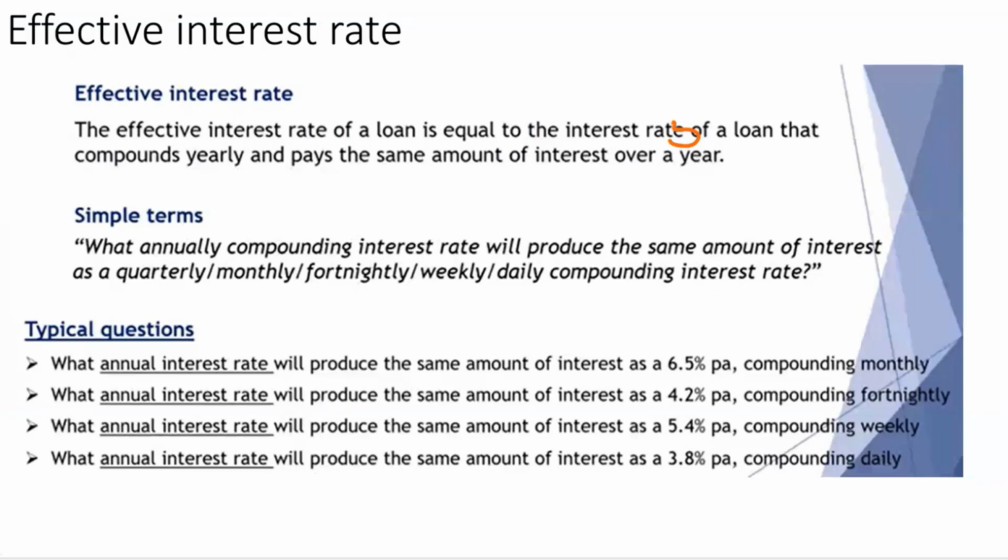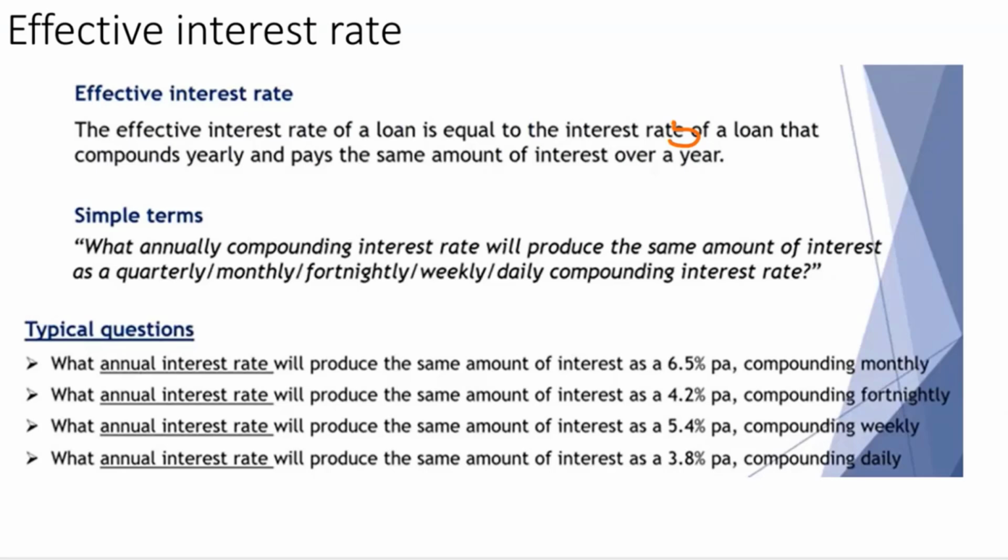Remember the nominal interest rate on the previous slide. Nominal interest rate will be what is quoted. It can be quoted quarterly, and say the interest rate is 5% compounding quarterly. That is a nominal interest rate. But when you want to convert that quarterly rate to an annual rate, the new rate that you are going to get is called the effective interest rate. So the effective interest rate is an annual rate of whatever nominal rate has been quoted.